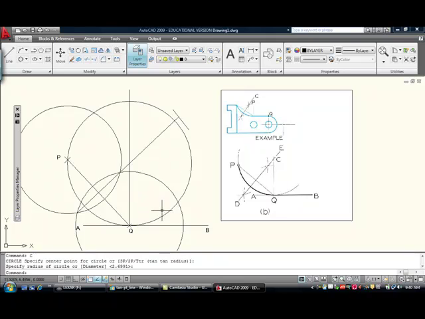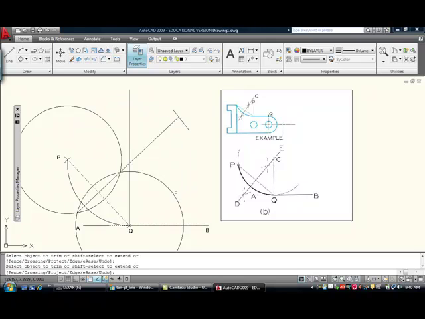Okay, I have more circle than I really need, but as you remember, we can use the trim command to take away parts of the circle I don't need. Since those are tangent points, I'm left with the arc.